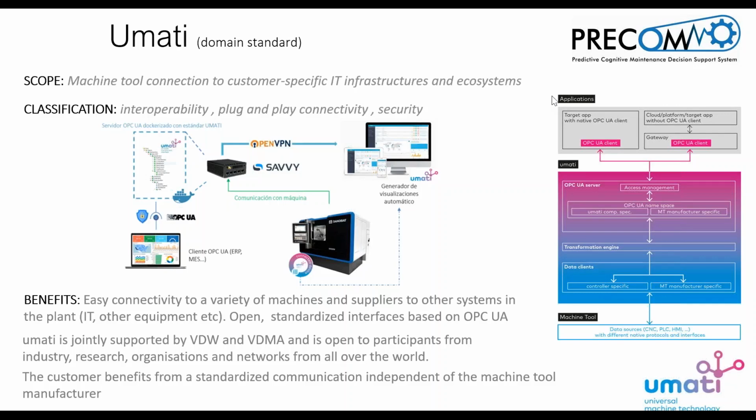So what we do with Umati is we have a transformation layer. This works over the OPC UA protocol, which is being more and more adopted in the market. And over this layer, we have a common semantic which makes it very easy for anyone who has built an OPC client to know what data they are gathering and to connect very easily.